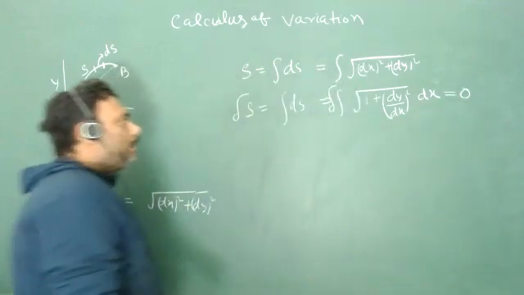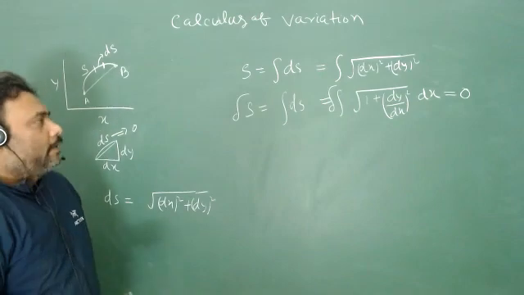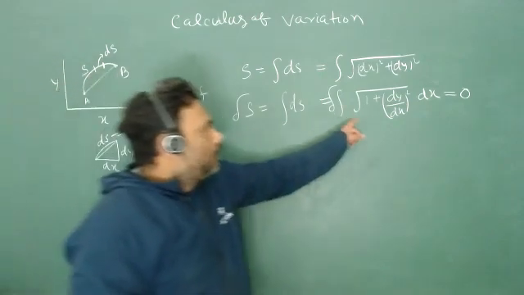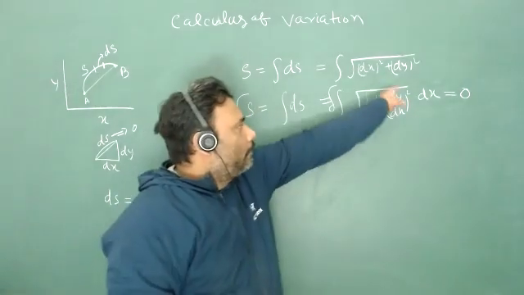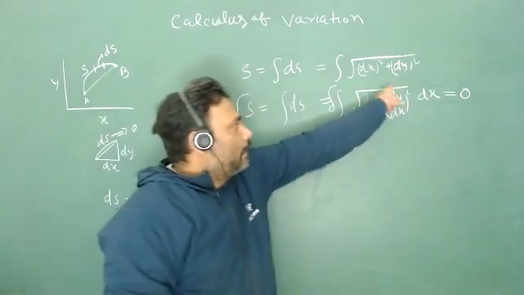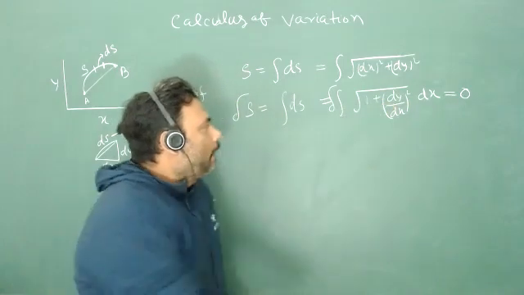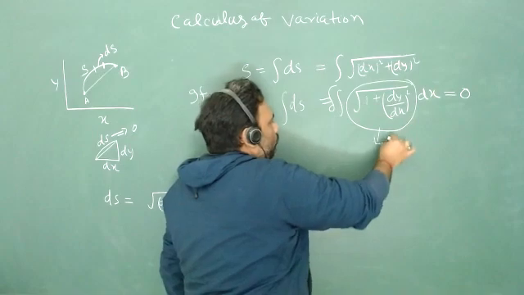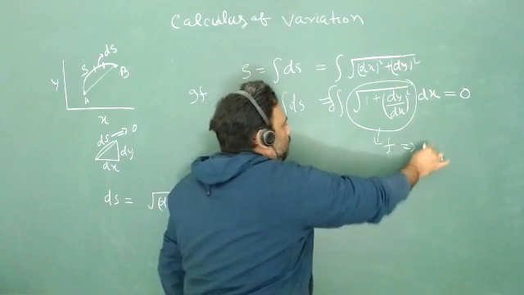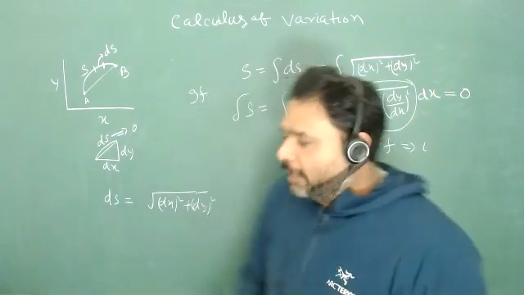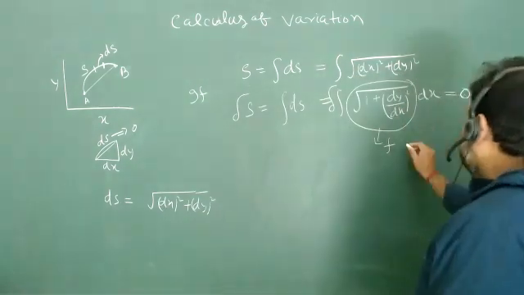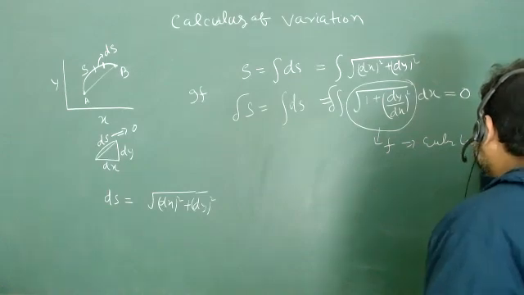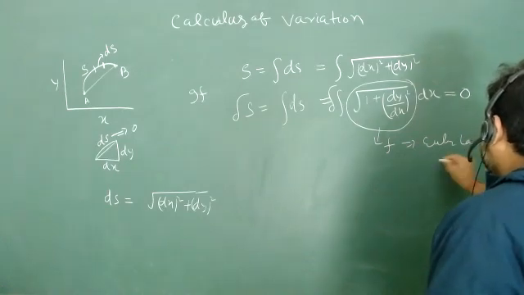This is all about the condition of extremum. If this condition holds, then what is my f? This is my f. You remember, from the last step we have written that this is my f. Then this function f will follow the Euler-Lagrange equation.